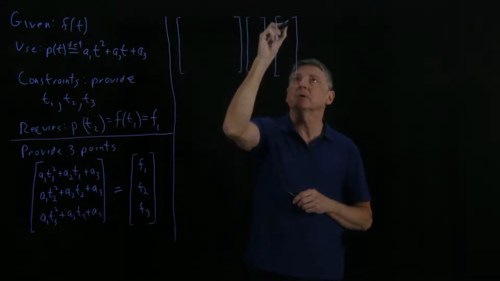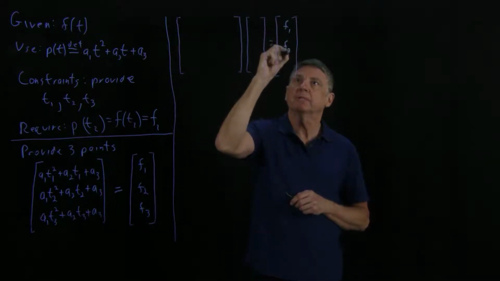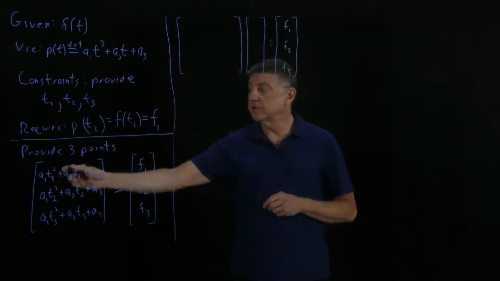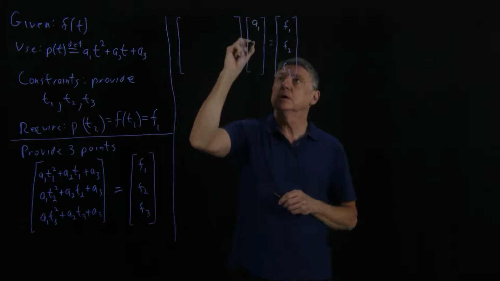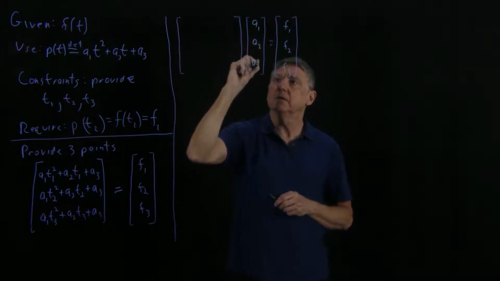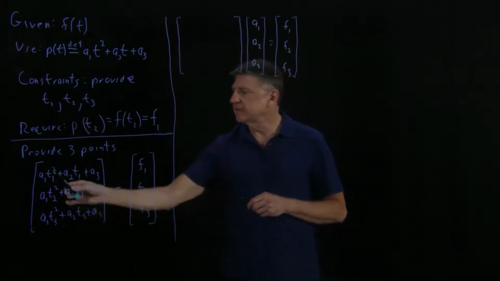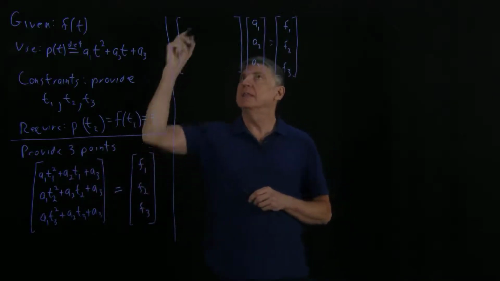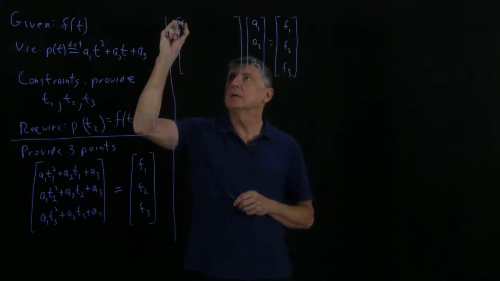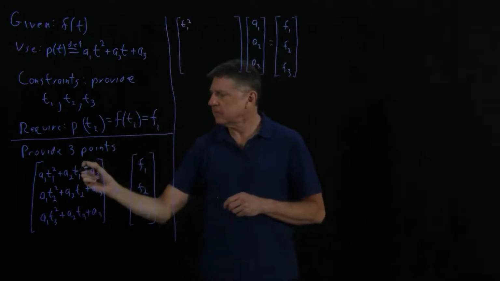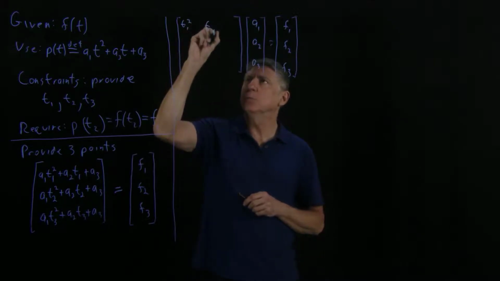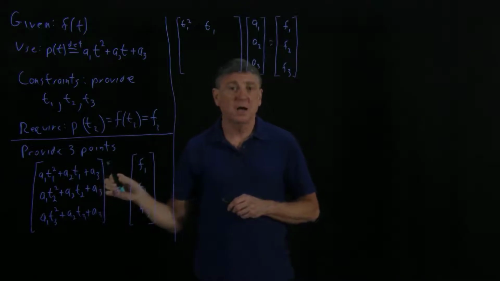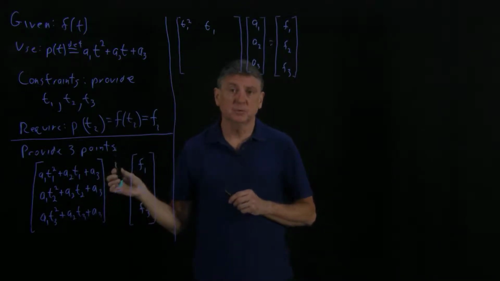I can fill these ones in right away, F2 and F3, and now I'll put the coefficient values. These are the unknowns, so that will be A1, A2, and A3. I can now ask, what is A1 multiplied by in the first row? A1 is multiplied by T1 squared. A2 is multiplied by T1. And A3, well, we might say it's multiplied by nothing at all. I would say it's multiplied by the value 1, by unity.